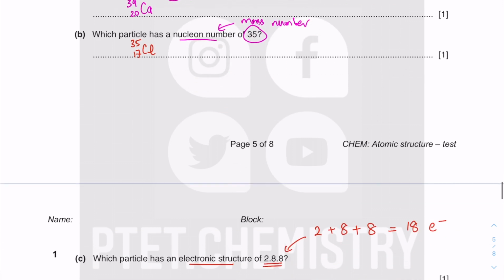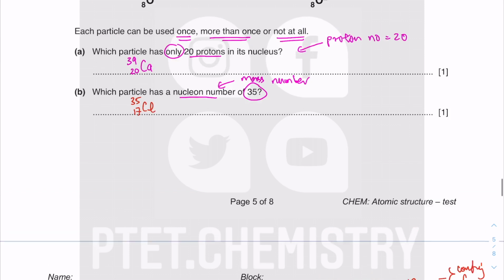So 18 electrons is actually the configuration for, what is that in the periodic table? Argon, okay? So you can look for an argon exactly, or you can look for ions that either gain electrons or lose electrons in order to gain the configuration for argon, all right?